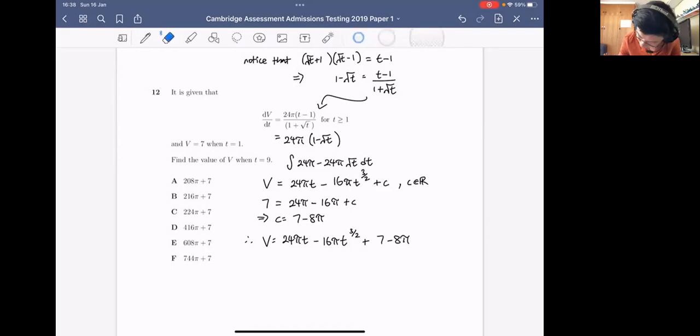Oh gosh, so that this is root t minus 1. 24 pi root t minus 24 pi. Check a minus sign here. Here's a plus sign, minus sign, plus sign, so that this should be a plus. Yes, I think that's right now.